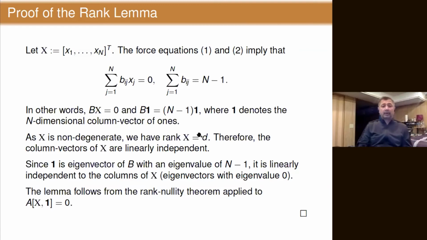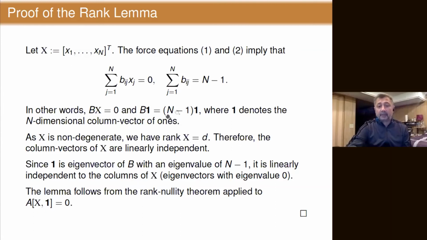So we end up with all of these being eigenvectors: the first coordinates of x_1 to x_n, the second coordinates of x_1 to x_n, and so on. These are eigenvectors. And the all-ones vector is also an eigenvector for B, but with a different eigenvalue. Therefore, it's linearly independent of the other vectors, and because X is non-degenerate, the rank of that matrix has to be d.